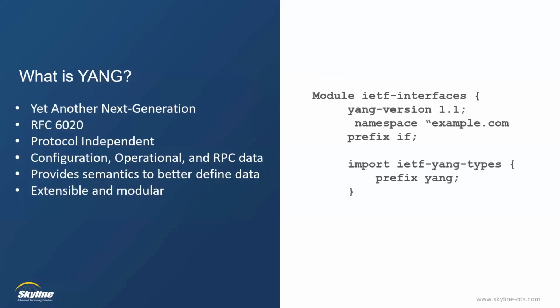Not only that, but it will also define the range of that IP address. So if you try to put 500 into an IP address, it will kick back and say, hey, this isn't valid. This does not fall within the range defined in the data model, and therefore it won't even try to configure the device.